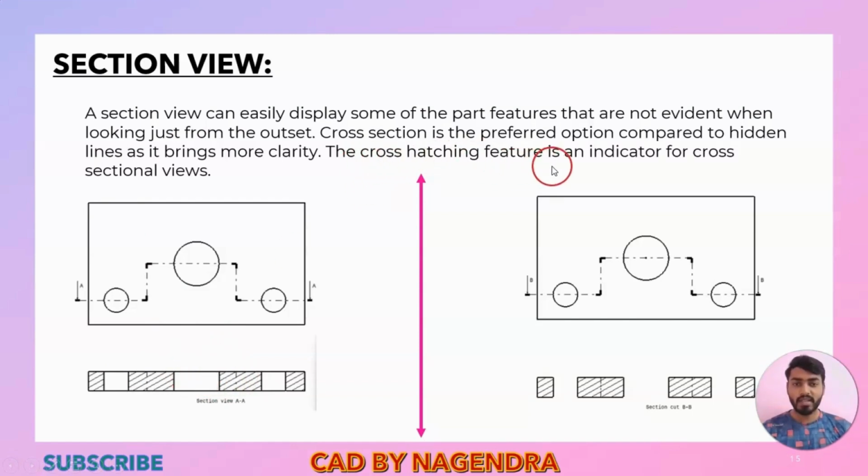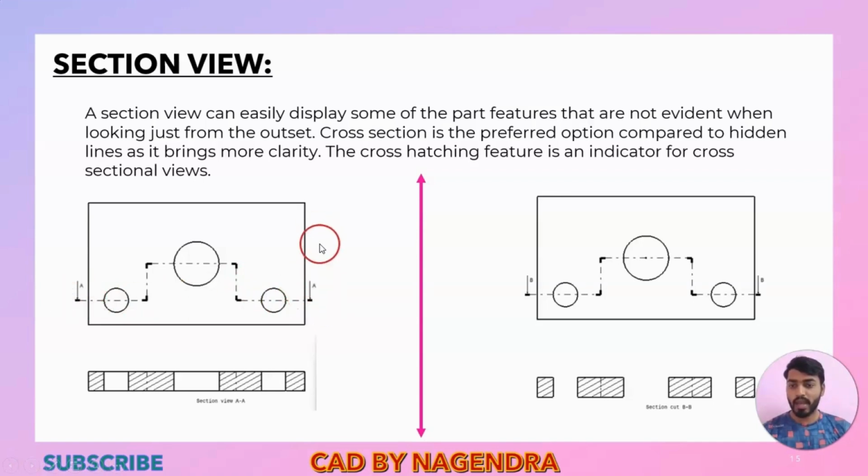So the cross hatching feature is an indicator for cross sectional views. By looking at this cross section or hatching directly, we can say that it is a section view like this. So here you can see this is the top view. This section line is passing through this line, again it is going to this line, again it is going to this hole. So these arrow marks play a major role.